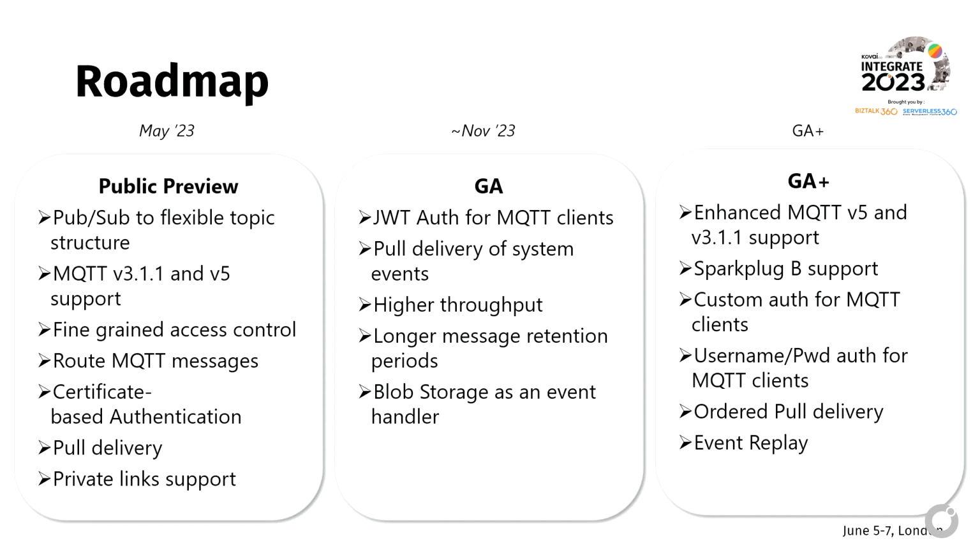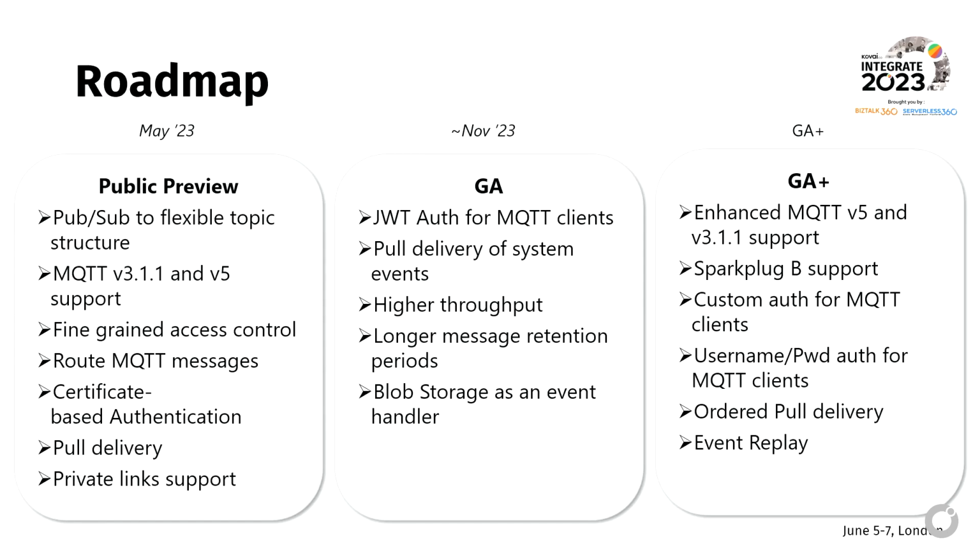And in GA here, we're planning to support JWT authentication for MQTT clients, and we'll do that through AAD to give your MQTT applications a more convenient way of authenticating, rather than the X509 certificates that's more typical authentication mechanism for devices.